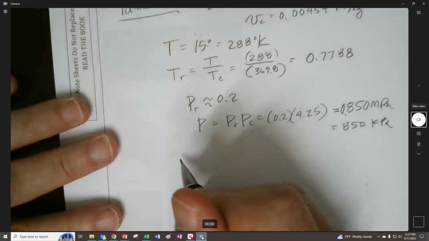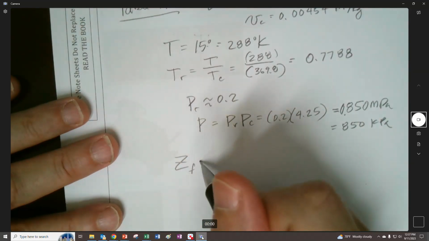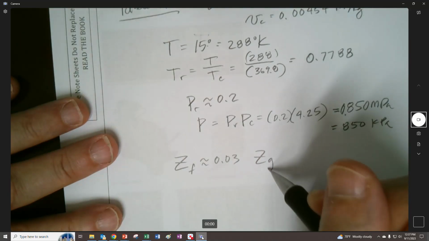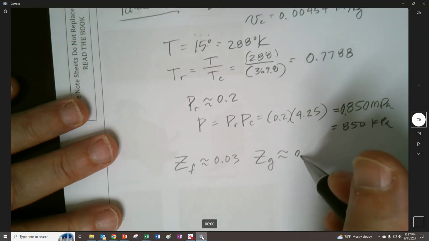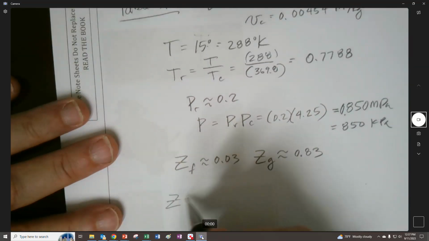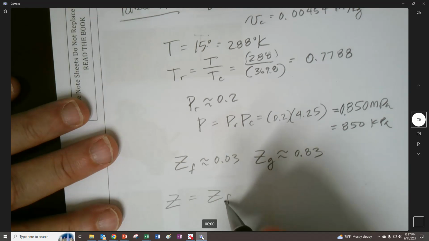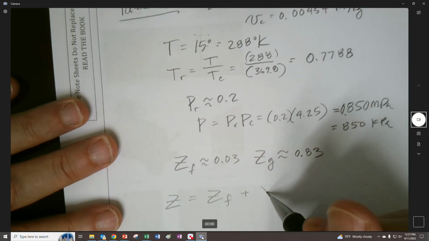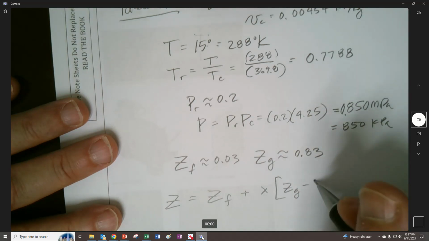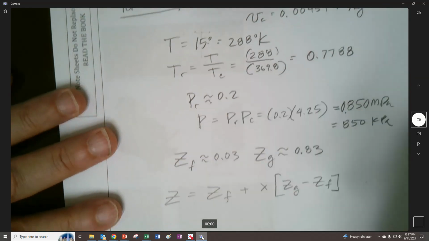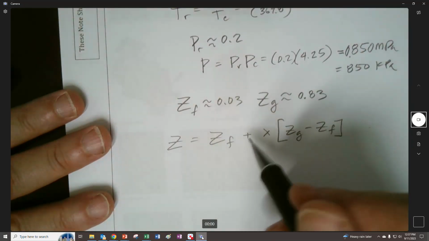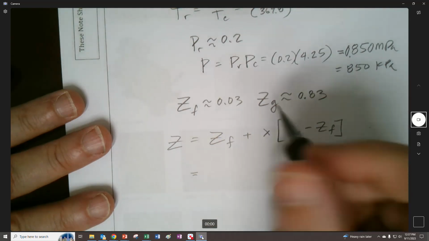So let's say that we have Z of a fluid is approximately 0.03, and we have Z of a gas at 0.83. Well, if we want to find our Z, same thing that we would do normally. Fluid plus X times, but we don't have gas minus fluid, so we'll put it in here. This isn't how they did it in the book, by the way, but it comes out to the same thing. And I think this is what we're familiar with already from having used the steam tables.